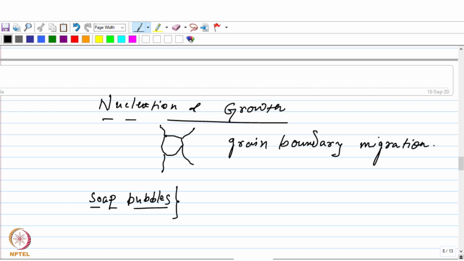Okay, so if you form the bubbles and then let them grow and observe them in a given time interval, and after every few seconds if you capture images, you could actually visualize how these grains are growing, in terms of the growth of these bubbles, right?